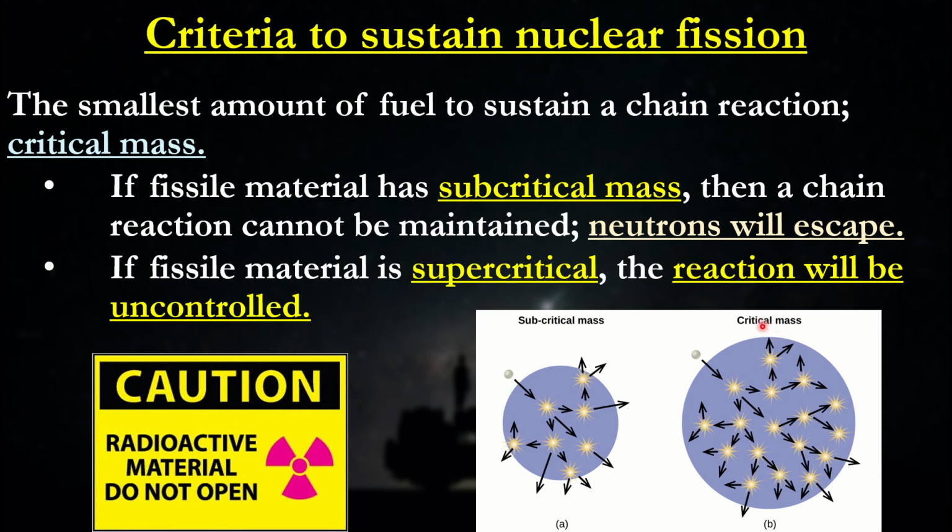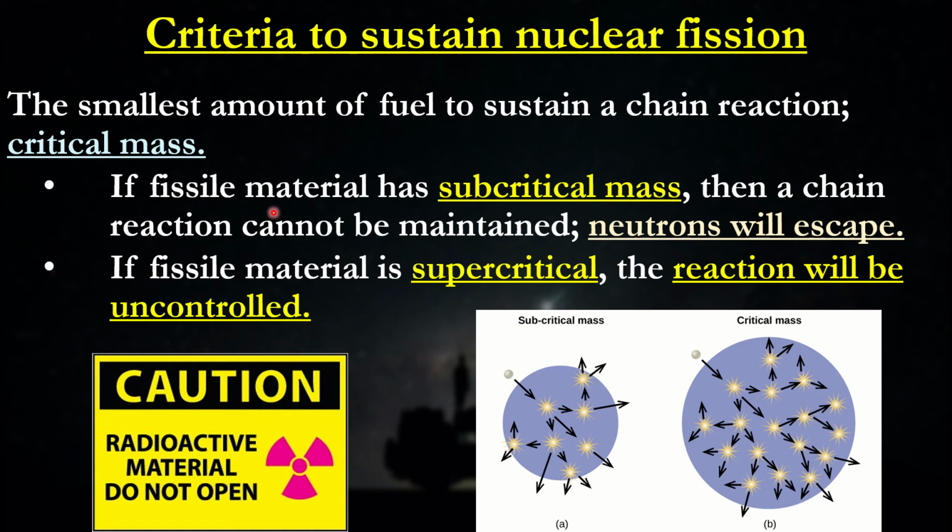The second thing that influences whether or not something becomes uncontrolled is the mass of the nuclear fuel. The smallest amount of mass of fuel to sustain a chain reaction is called the critical mass.